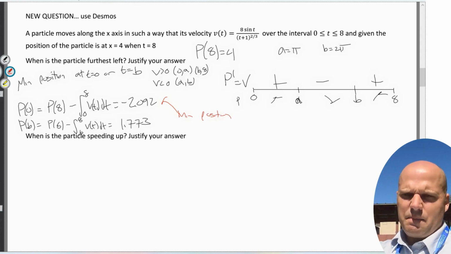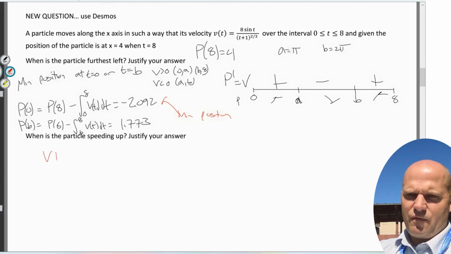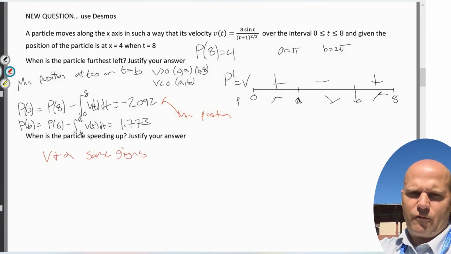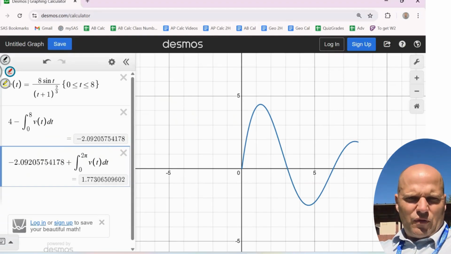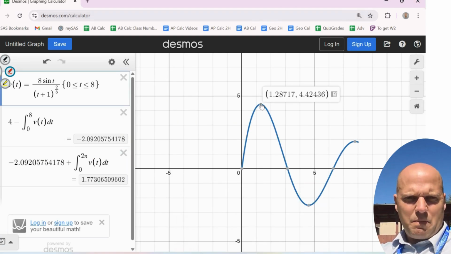When is the particle speeding up? You can immediately justify V and A have the same signs. This is when your velocity is going to get further away from 0. So you can see your velocity is getting further away from 0, from 0 to this value, which is the max.